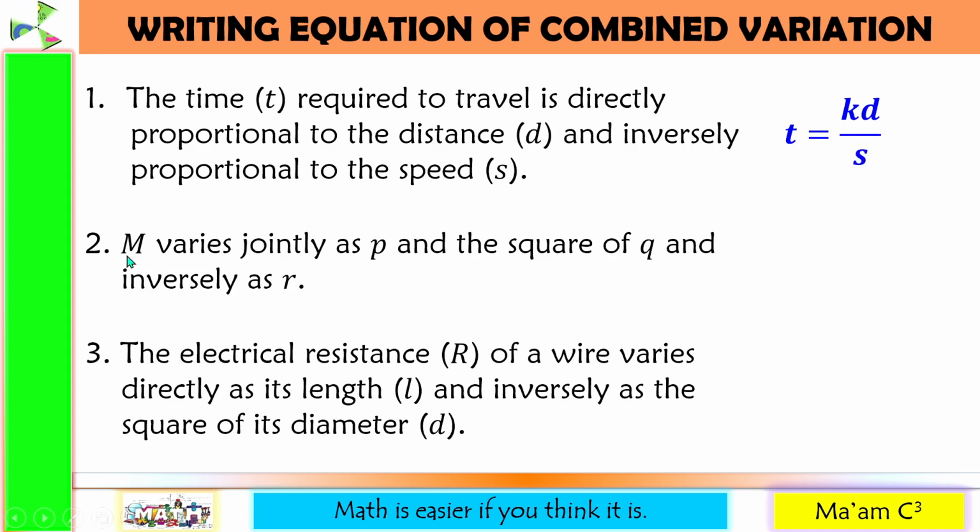Number 2, m varies jointly as p and square of q, that would be q squared, and inversely as r, all over r. Number 3, the electrical resistance R of a wire varies directly as its length, so we have KL, and inversely as the square of its diameter, so all over d squared.